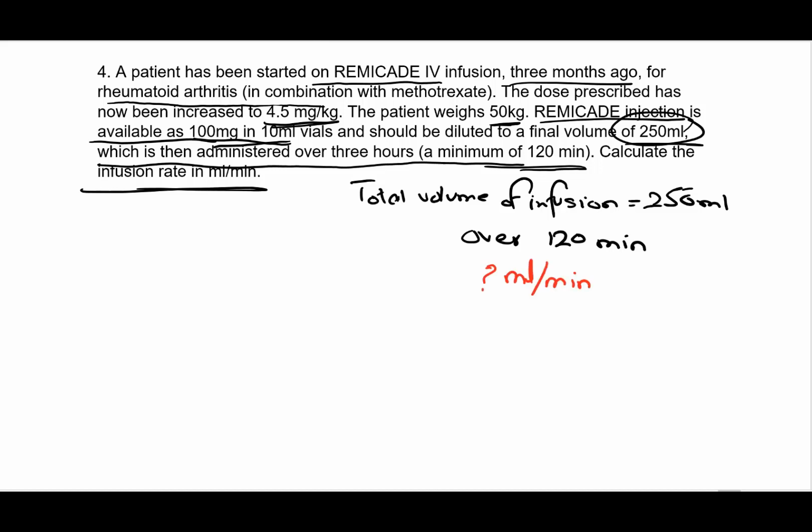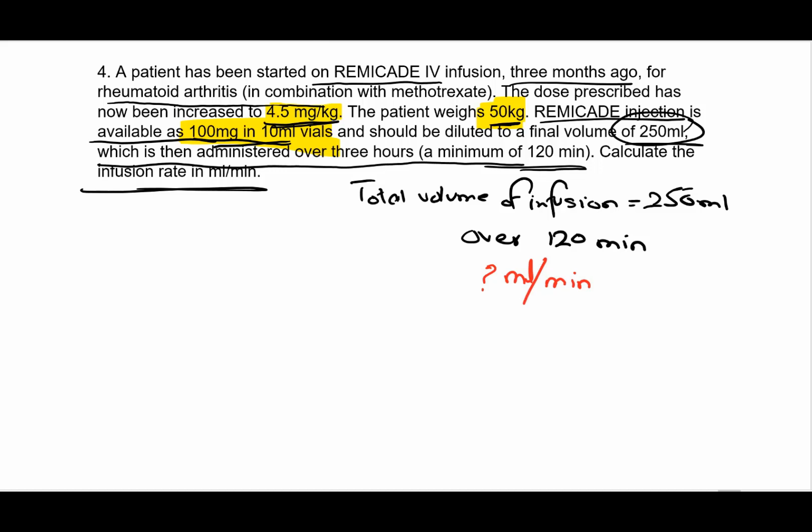If you look at this, we don't need to make use of a lot of information which is given in the question. So this is an example of the question where a lot of information like the weight of the patient, and the dose and the concentration of the solution is given just to confuse you. And actually we don't need to use those numbers in the calculation, because we simply need to find out the infusion rate, and we have been given the total volume of the infusion and the total time.